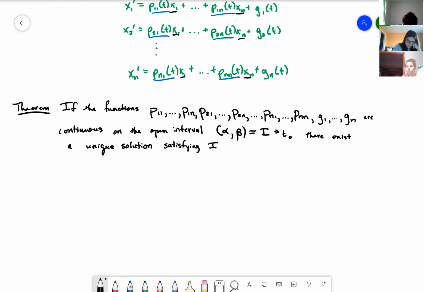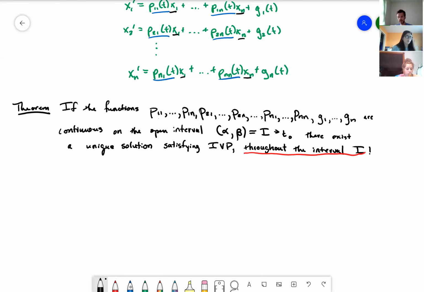So I'll just say it satisfies the initial value problem. Oh no, they put the thing about t0 at the end. And this solution satisfying the IVP exists and is unique throughout the interval I. Underline that. That's an interesting fact.